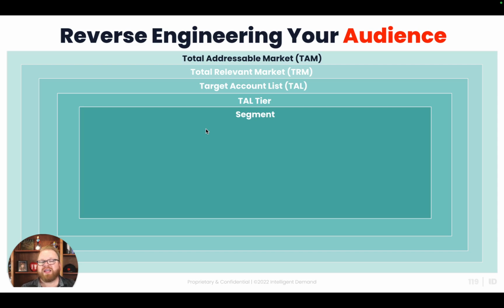But then within your tiers, you're going to segment even further. Now, we can get super academic about this and talk about whether a segment belongs here, or up underneath total relevant market, or somewhere else.